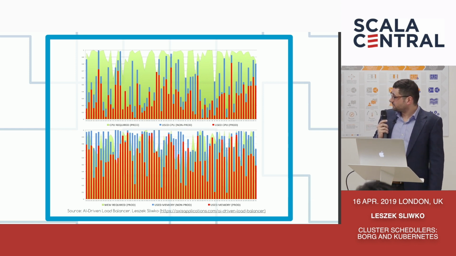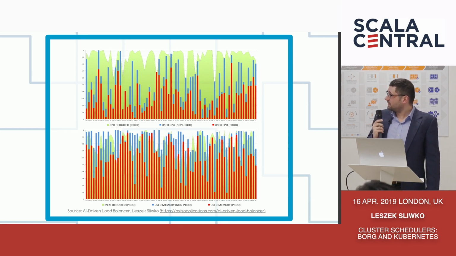The red bars are actually used by production jobs, but the blue bar is opportunistic jobs or non-production jobs. So you can see, the production jobs always have a guarantee to be able to scale to the specified resources, so memory, CPU.